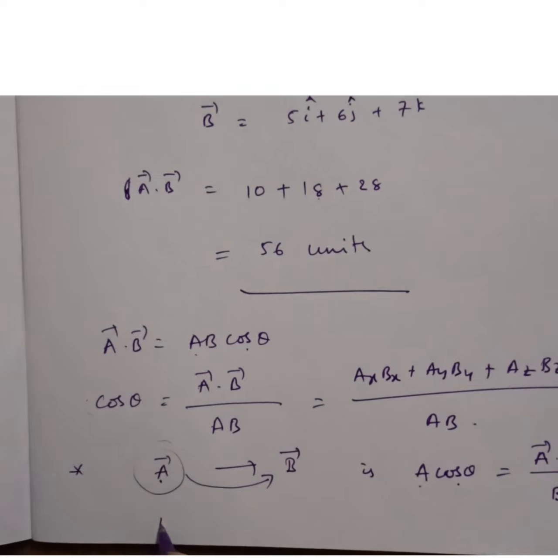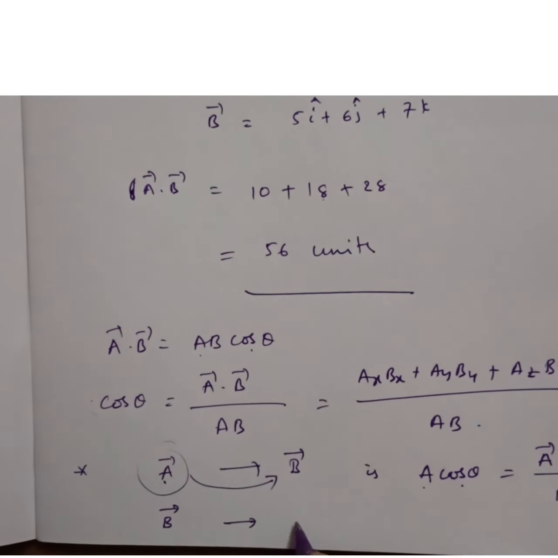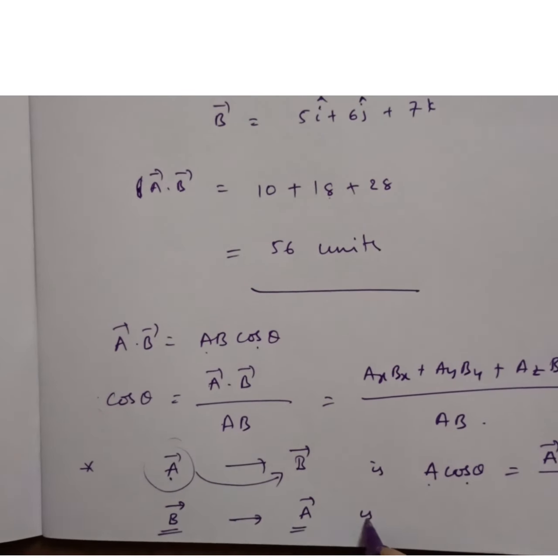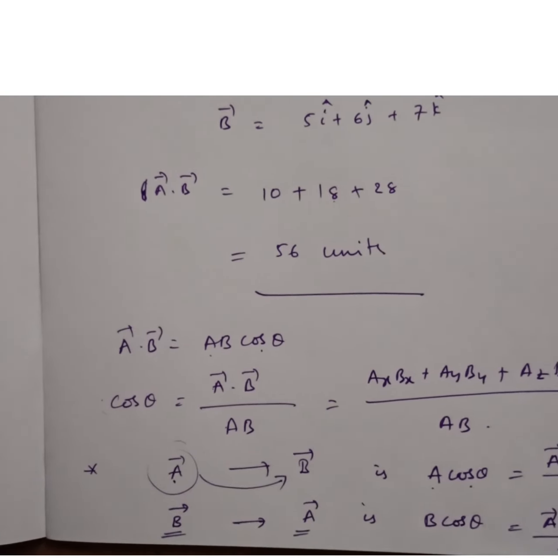Suppose they ask for the component of B bar in the direction of A bar: the scalar component of B bar in the direction of A bar is B cos theta equals A bar dot B bar by A, the magnitude of A.